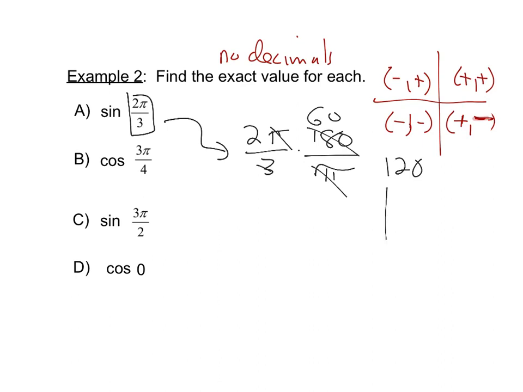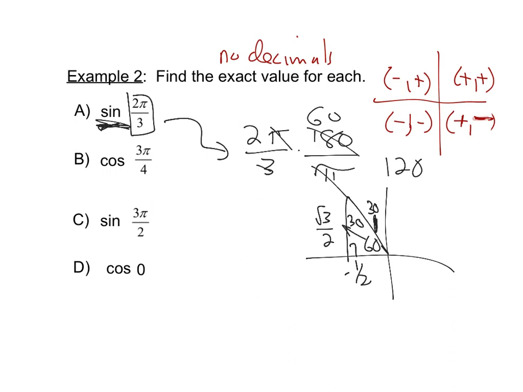So at 120, that is 30 degrees past 90, which makes that a 30, 60 degree triangle. So they want the sine, okay? So it's going to go 1/2, negative square root of 3 over 2, hypotenuse of 1. So they want the sine, so that's opposite. So it's going to be positive square root of 3 over 2.